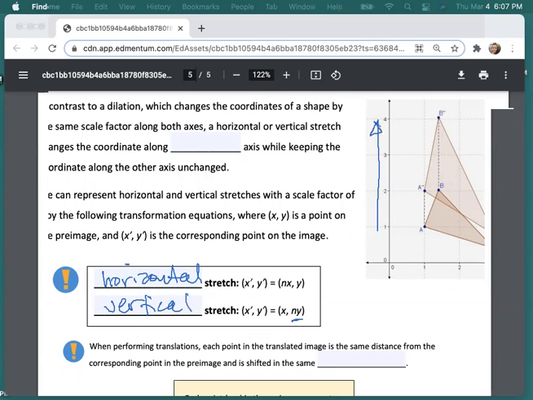So what are we multiplying our numbers by? If A is at 1, 1, and our new A is at 1, 2, we're multiplying the Y value by 2.